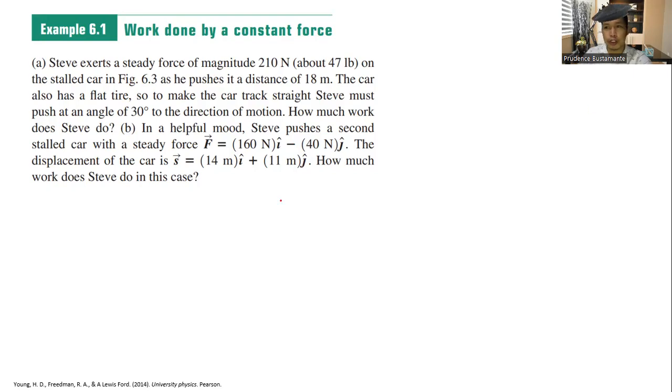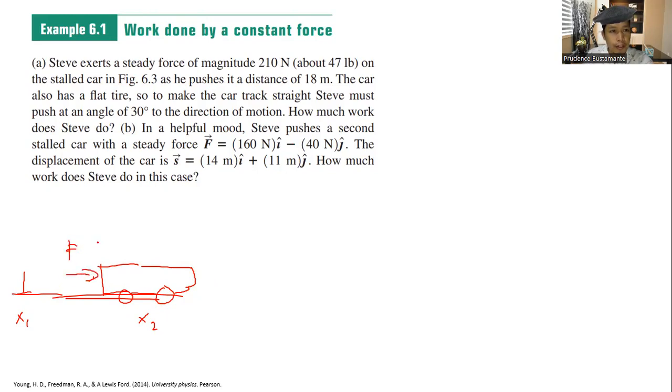Since we don't have the figure here, we have a car, so let's just assume this is our figure. If he pushes it a distance of 18 meters, meaning the car moves from this position in a straight line motion to this final position, there is a force applied, and the magnitude of this force is equal to 210 Newton.